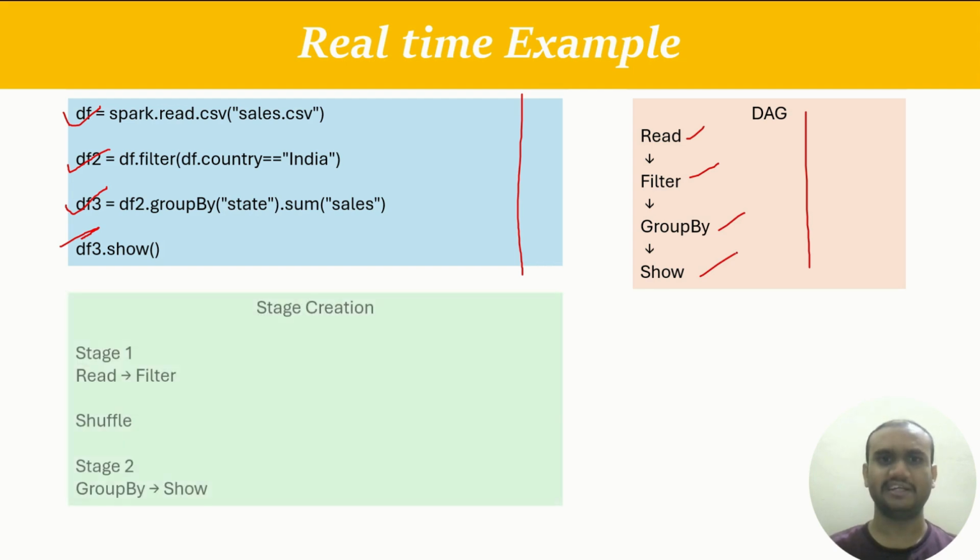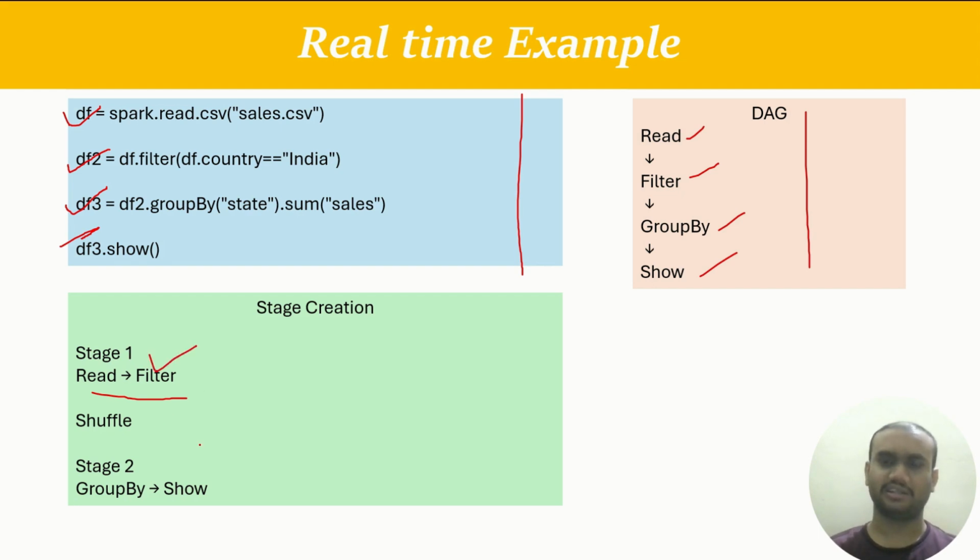Once the DAG is ready, it will create the stages. We have seen in our previous slides that it creates stages based on the transformations. So we can see reading and filtering, these two lines of code are executed under one stage.